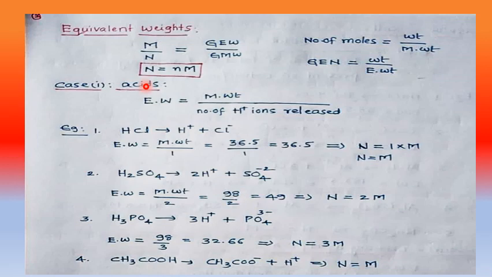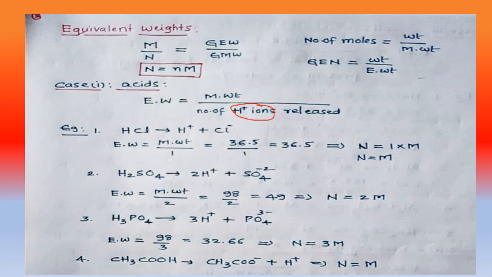Equivalent weight equals molecular weight by number of H plus ions released. This is the formula. Yes, this is important: number of H plus ions released. So divide the molecular weight by the number of H plus ions released.